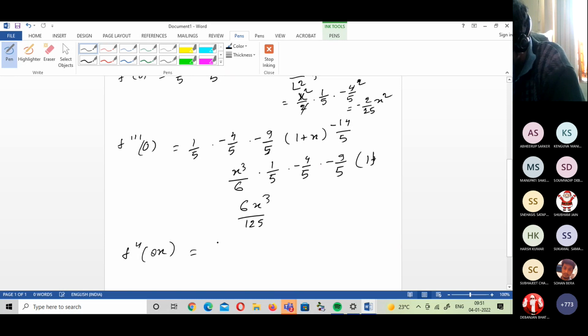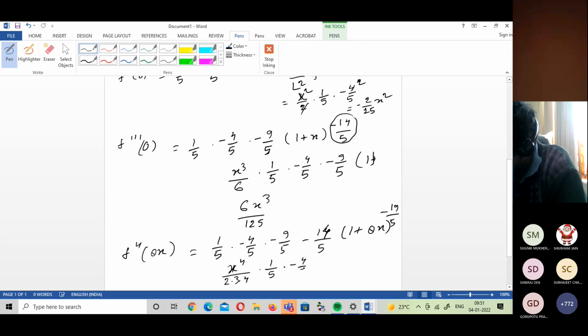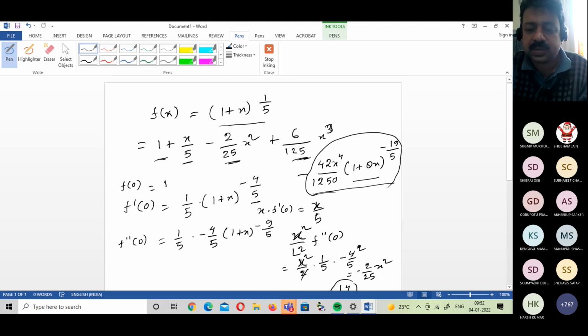First f4(x) will be 1 by 5 into minus 4 by 5 into minus 9 by 5 into minus 14 by 5, (1 plus theta x) to the power minus 19 by 5. Now x to the power 4 by factorial 4, that is 2 into 3 into 4, into 1 by 5, minus 4 by 5, minus 9 by 5, minus 14 by 5, (1 plus theta x) to the power minus 19 by 5. Now this series is coming.